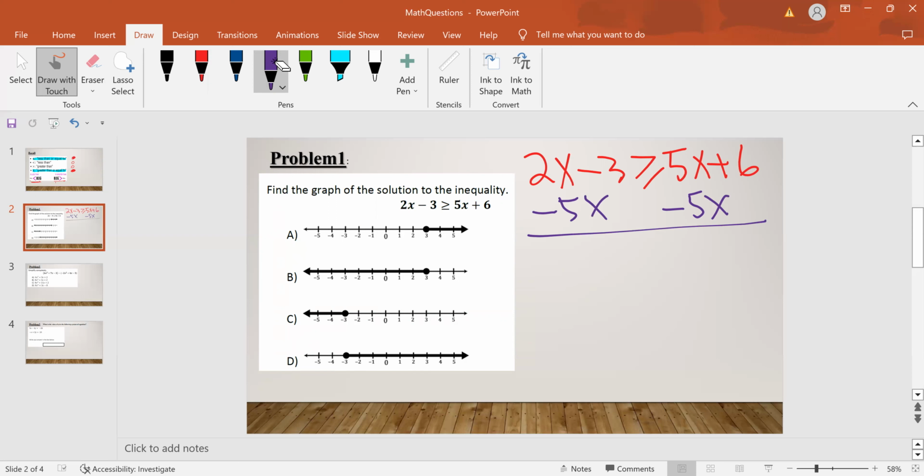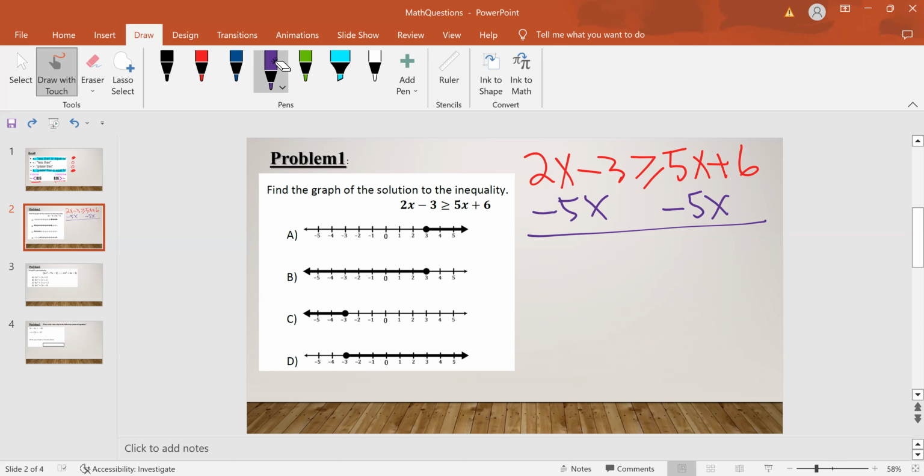Note that in math, we can use a different method to reach the same correct solution. Someone can decide to add 3 on both sides, which is also fine, or subtract 2x on both sides, also fine. But usually we try to have our variable on the left side, something like this is greater than or equal to something. That's why we make sure we have the variable on one side and everything without the variable on the other side.